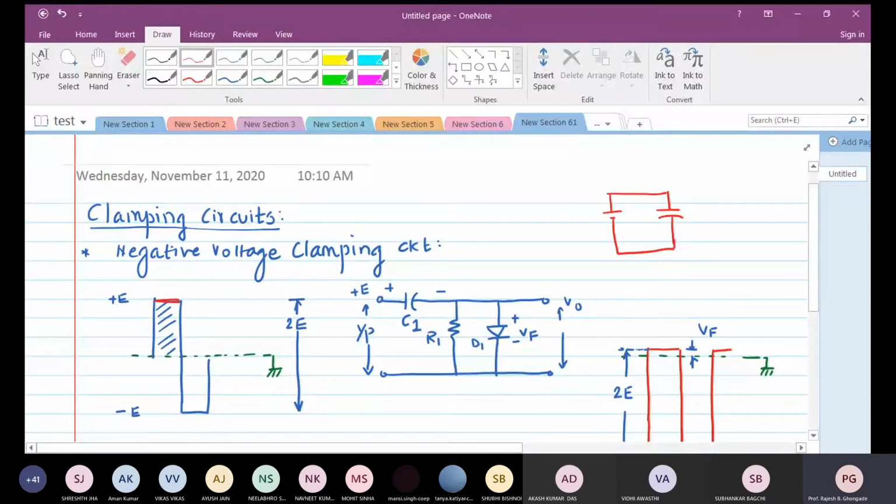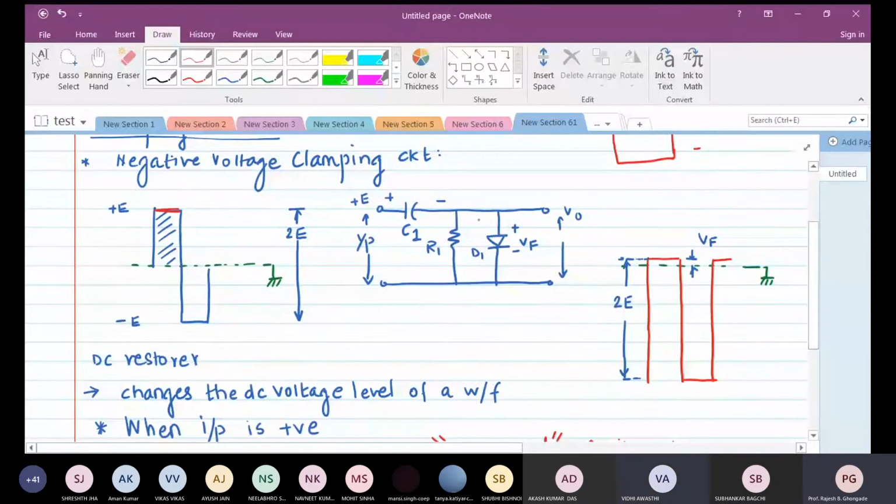If it is not charged and acts as a short circuit, current will start flowing, and it will flow till the capacitor is fully charged. Capacitor charging is not instantaneous, so there will be some current flowing here and charging the capacitor.